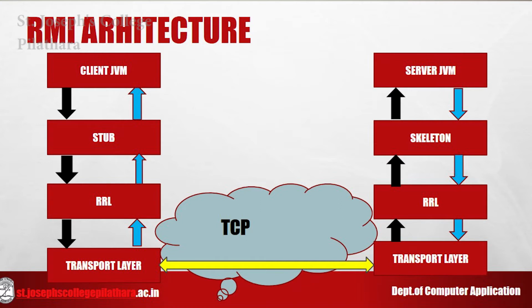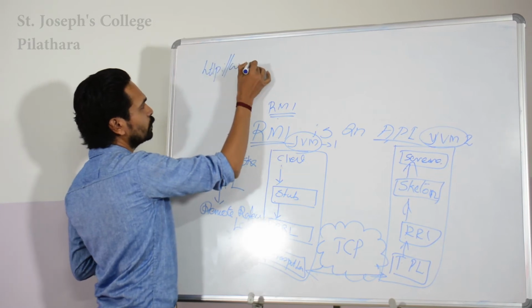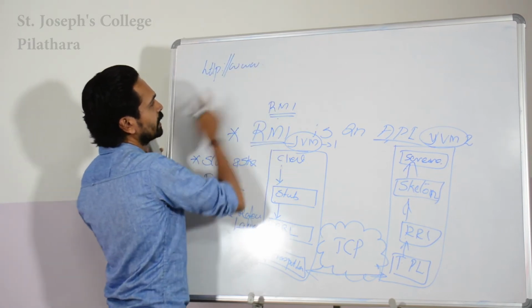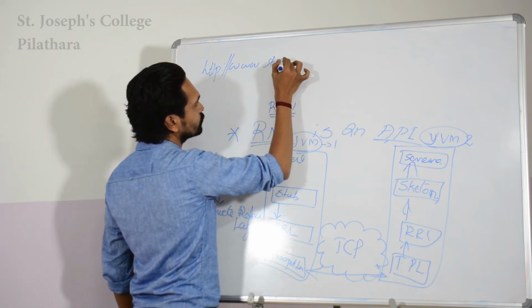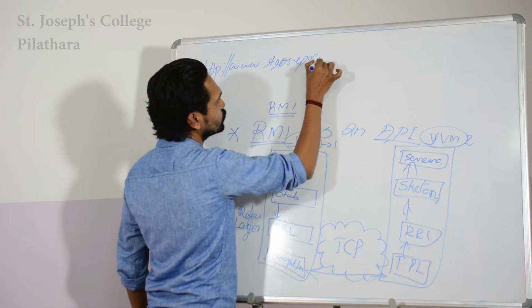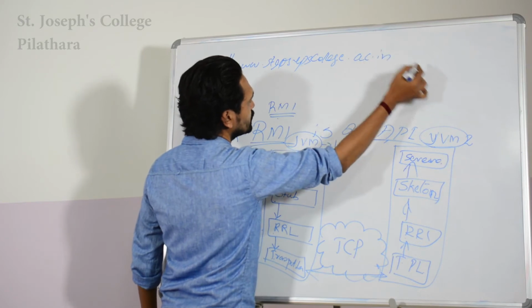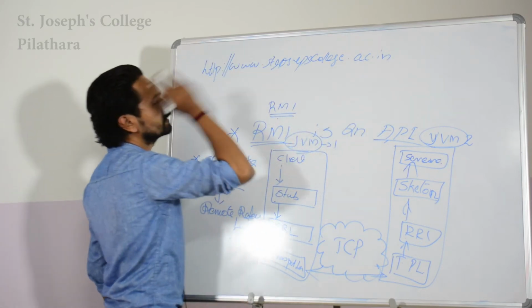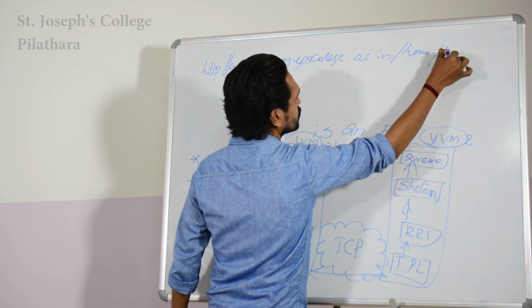Then the client gives a request, for example a website address like www.stjosephscollege.ac.in/home.html.